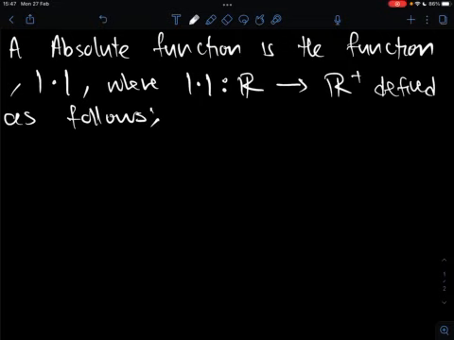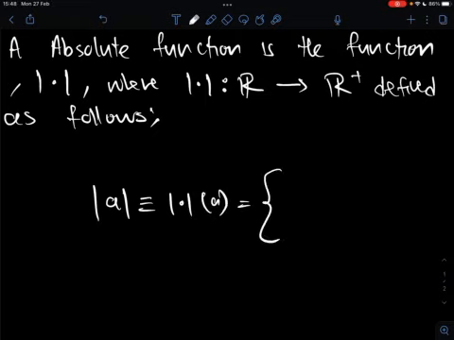So this thing that we refer to as the absolute function takes the set of real numbers and maps into a set of positive real numbers, and how it's defined is as follows. When you give it a, which you can also write in function notation, it is equivalent to a when a is positive, and it's equivalent to negative a when a is negative. So that's what the absolute function really is.